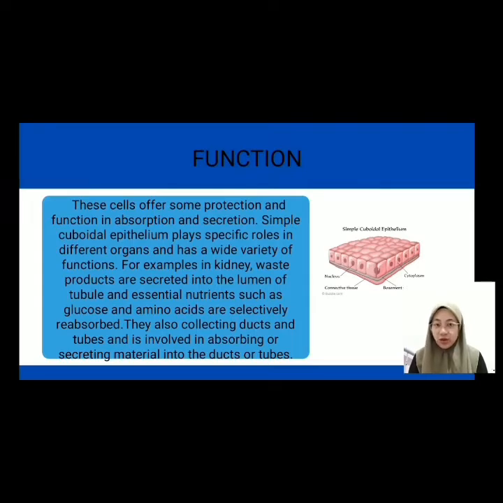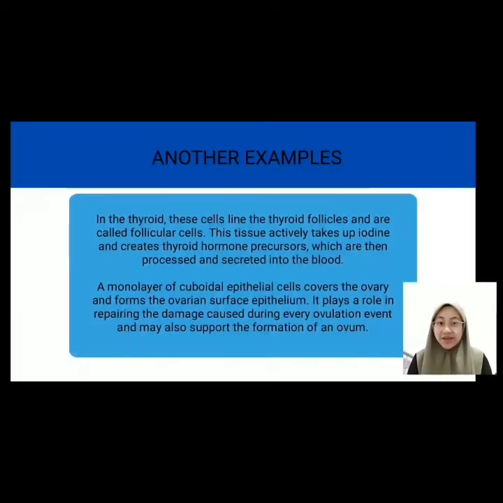For example, in the kidney, waste products are secreted into the lumen of the tubule and essential nutrients such as glucose and amino acids are selectively reabsorbed. Here are other examples: the thyroid follicles and the ovary.